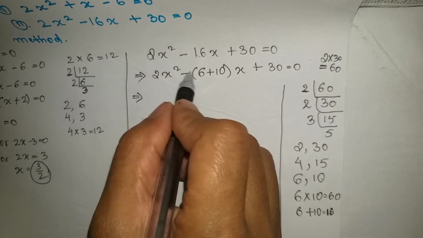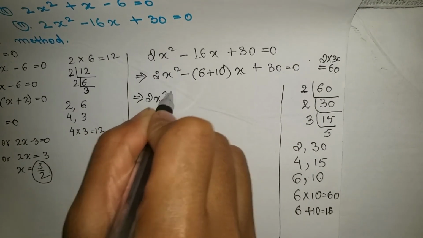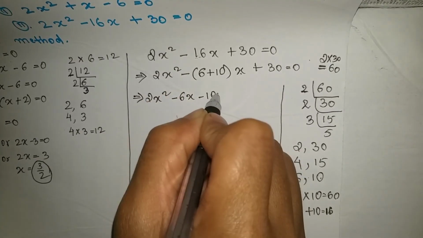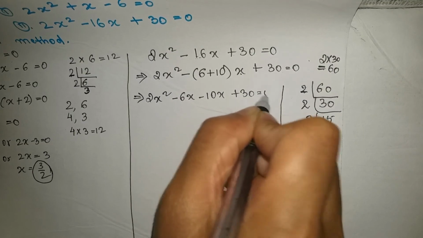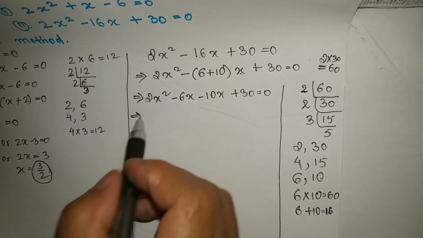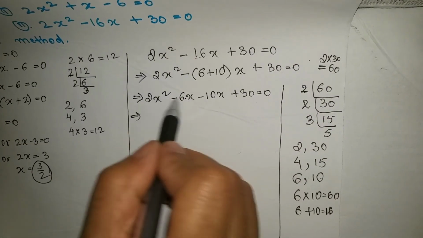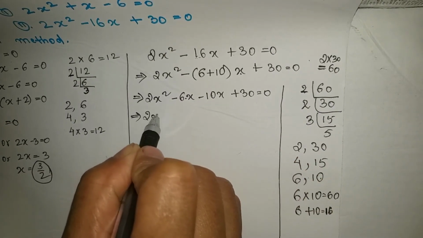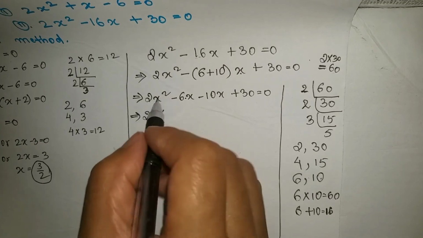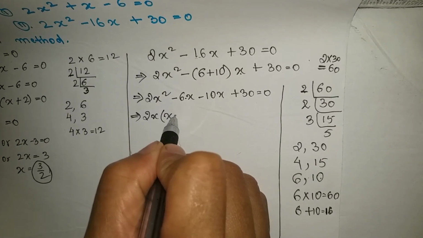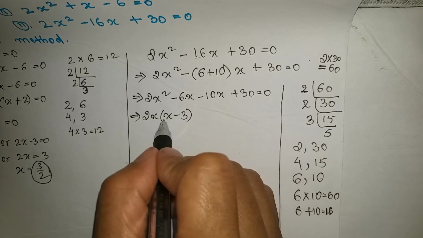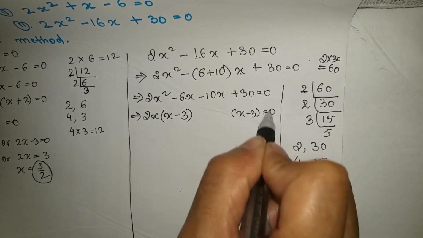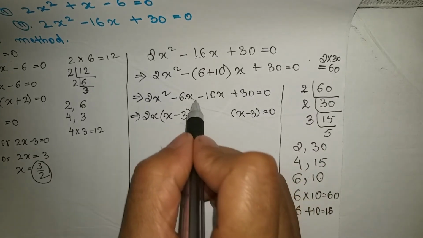Okay, let's separate them. 2x squared minus 6x minus 10x plus 30 equal to 0. Let me find out the common term from here and common term from here. If I take 2x in common, then here I'm left with x and here with minus 3. For simplicity, let me write x minus 3 here and find out what is missing here.